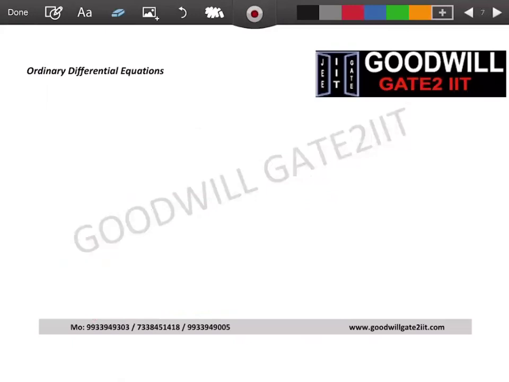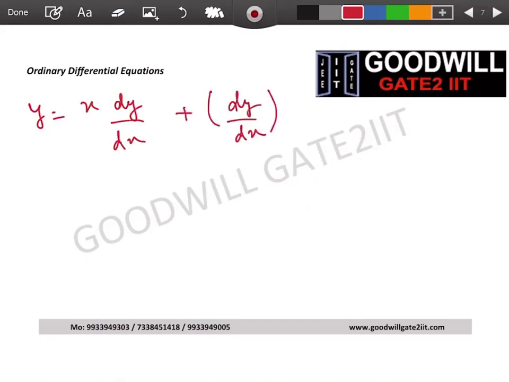Now suppose I say y equal to x dy by dx plus dy by dx the whole cube. Please tell me whether this equation is linear or not.